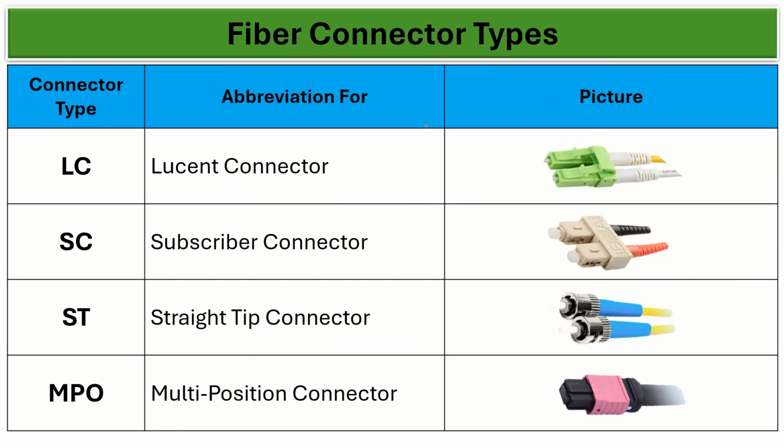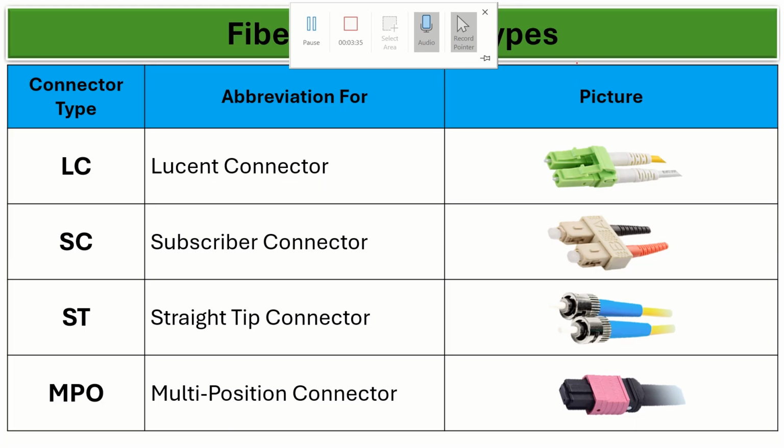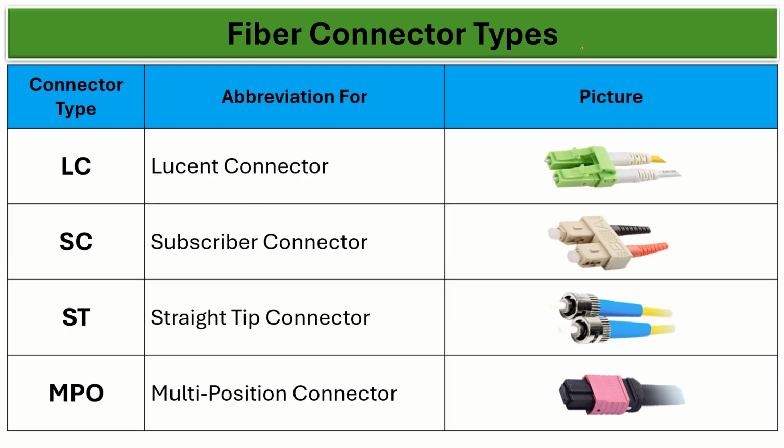Next, we'll move on to the fiber connector types. Here, we've seen multiple types of connectors being used for terminating the fiber onto the optics or onto the device. Now, LC, which is called the Lucent connector, has replaced its predecessor SC in many cases.